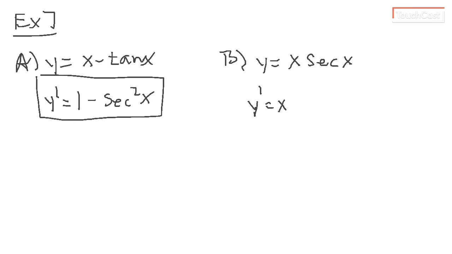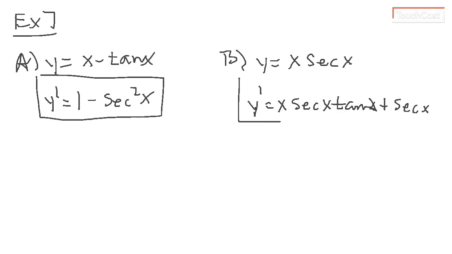So x times the derivative of secant x is secant x times tangent x plus the second, secant x, times the derivative of the first, and the derivative of x is just 1. So I'm not going to worry about writing that.